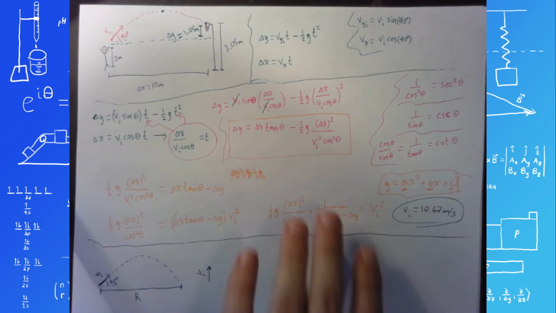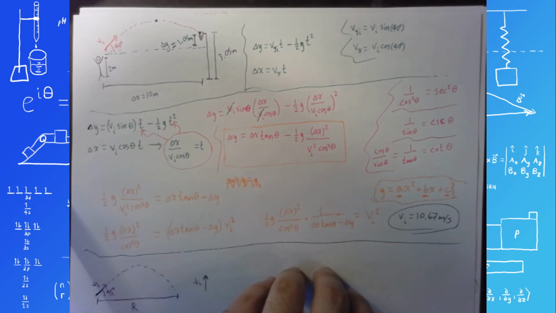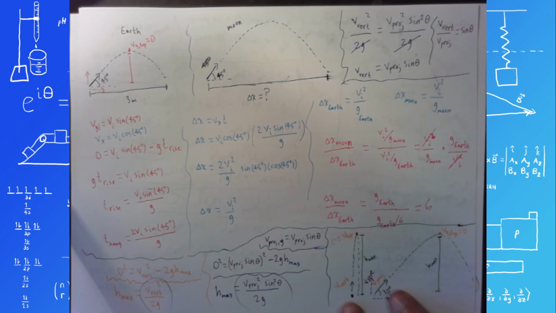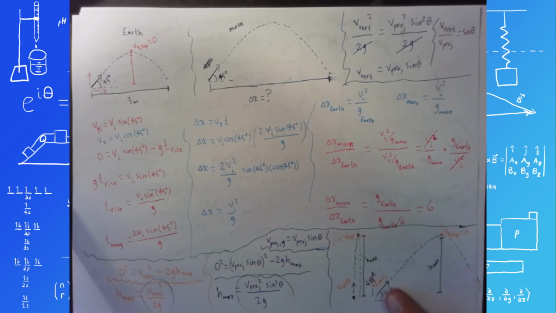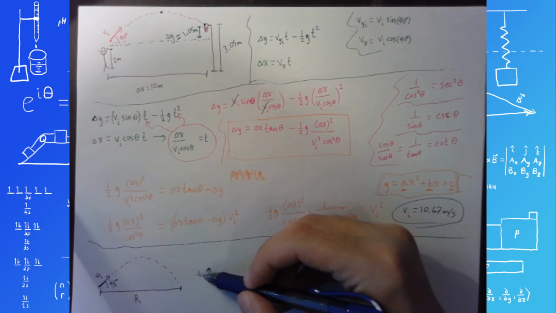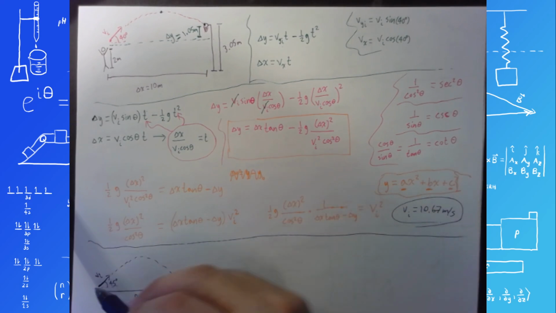This is not the same as the problem we did earlier. Over here, v vertical and v projectile are two different values. But in this problem, it's asking us, if v vertical and v projectile are the same value, what are the heights going to be?